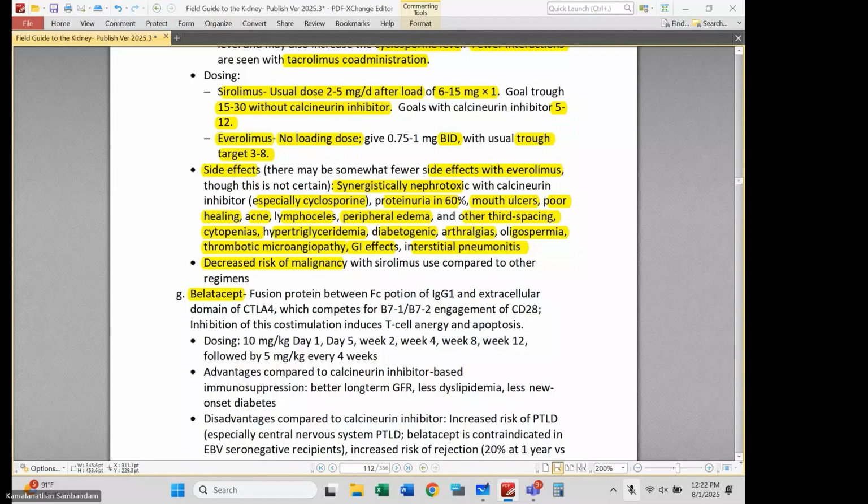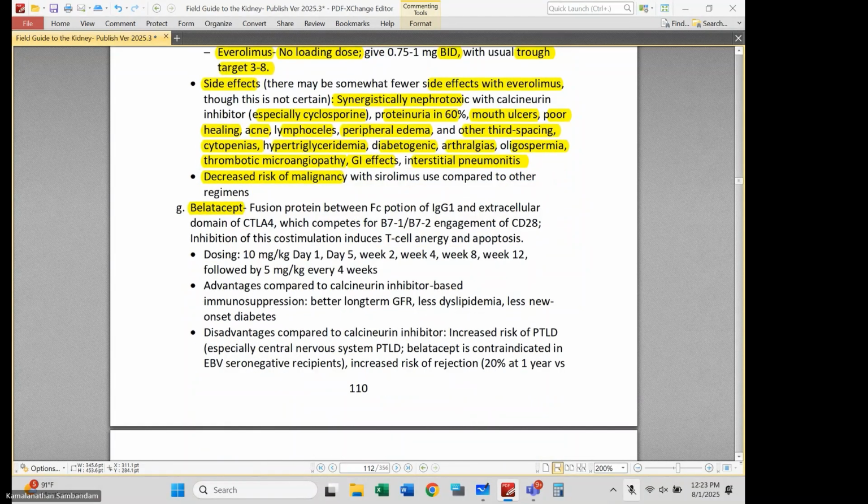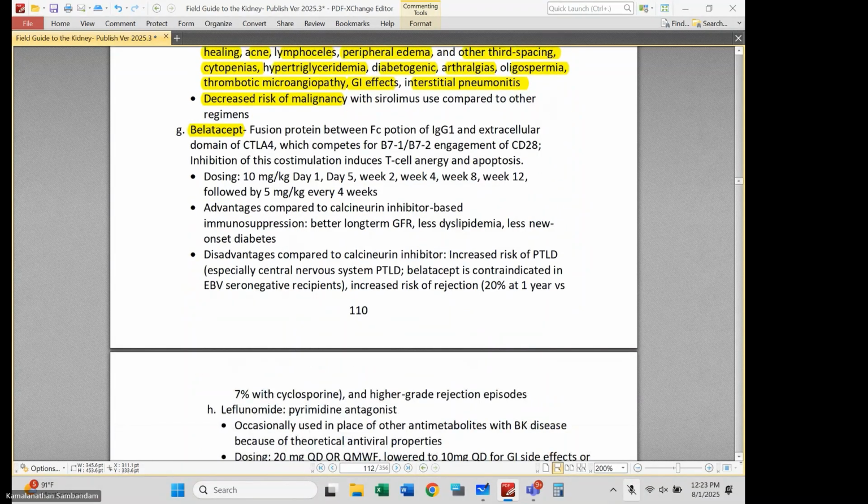So people have done randomized trials with the use of mTOR inhibitors in transplant and shown clear documentation of less skin cancer. So that's not just an intuitive conclusion. That's proven by data that there's less risk of malignancy with mTOR inhibitors. Okay. All right, let's move then to co-stimulation blockade, belatacept, okay?